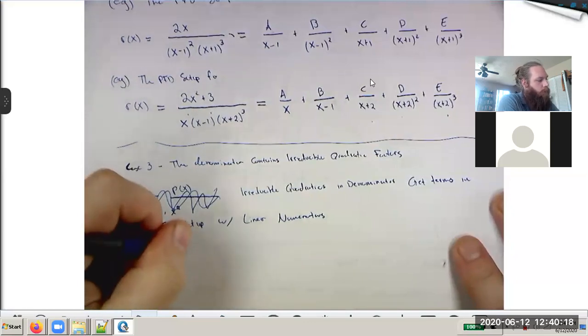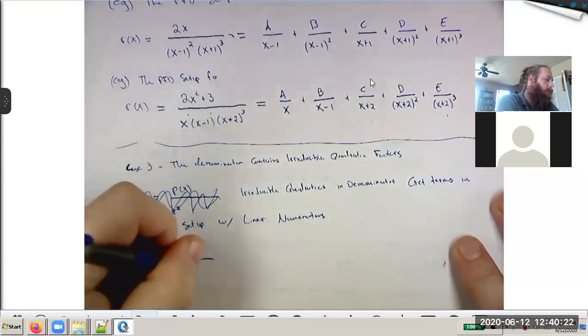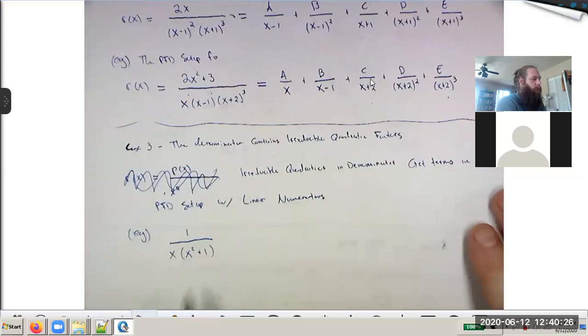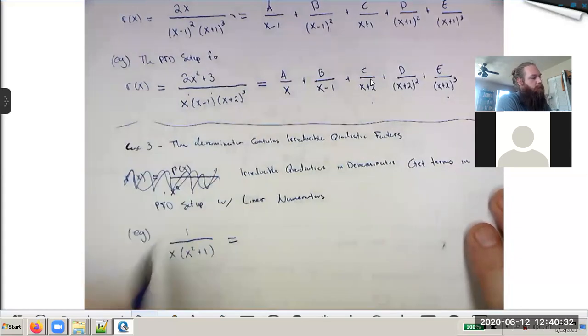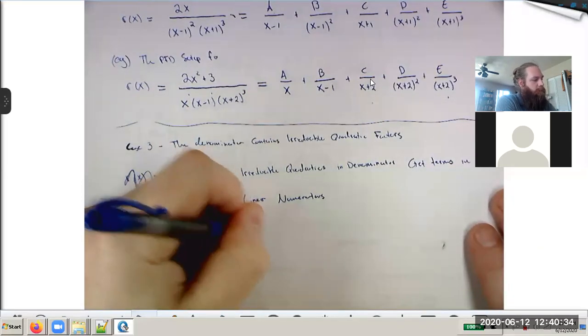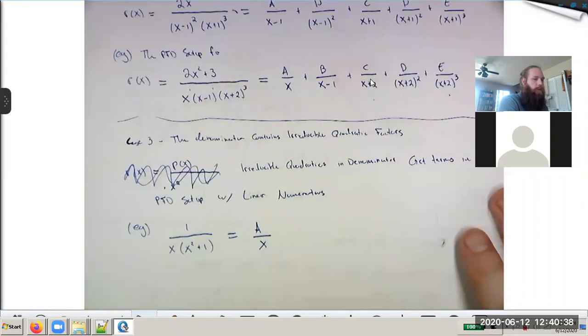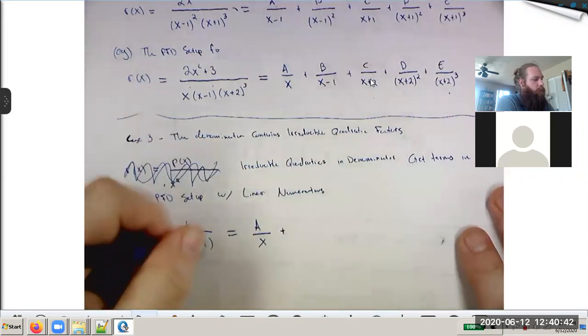If I had 1 over x times x squared plus 1, x squared plus 1 doesn't factor. So this x term here, he's nice. No repeats, no irreducible quadratics in him. But this next guy, he is irreducible quadratic.